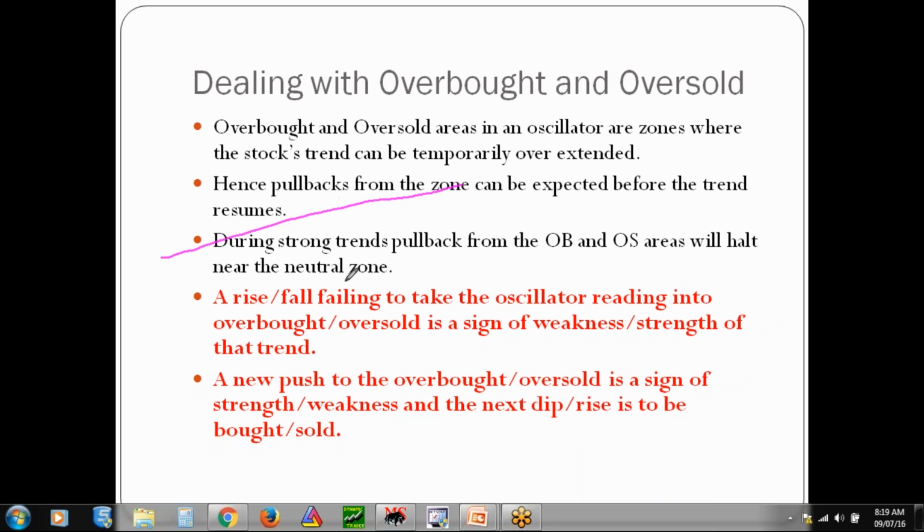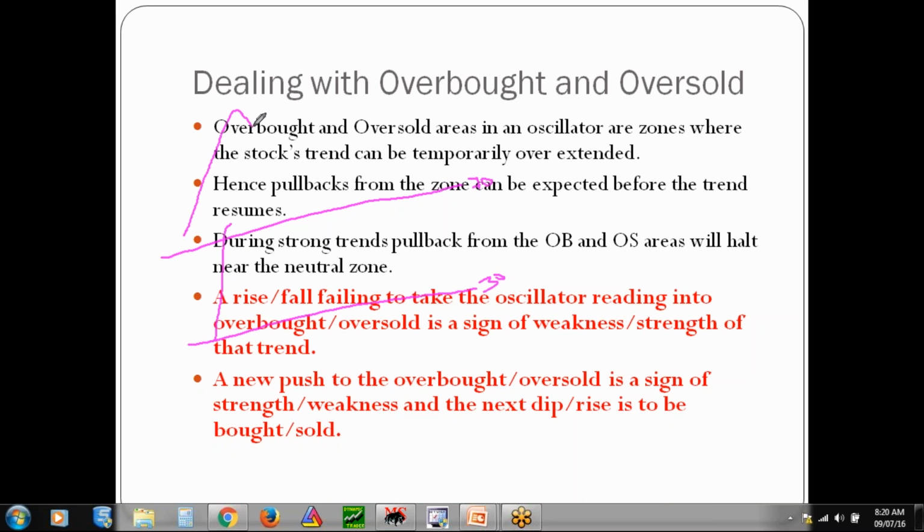Suppose this is the RSI, this is the 70 area and this is the 30 area. The price has risen and the RSI has moved above 70.